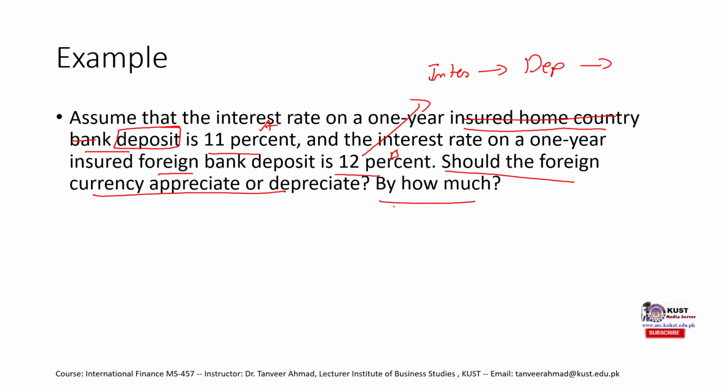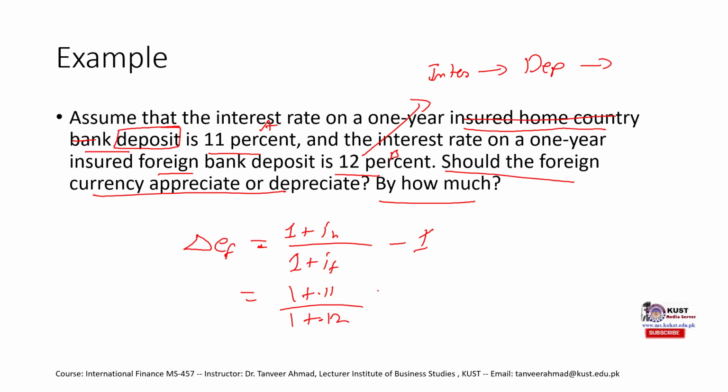So by how much? For that, we would have this formula: change in exchange rate of a foreign currency is equal to (1 plus IH) divided by (1 plus IF) minus 1. In this case, the home country's interest rate is 11% and the foreign country interest rate is 12%, so 1.11 over 1.12 minus 1.